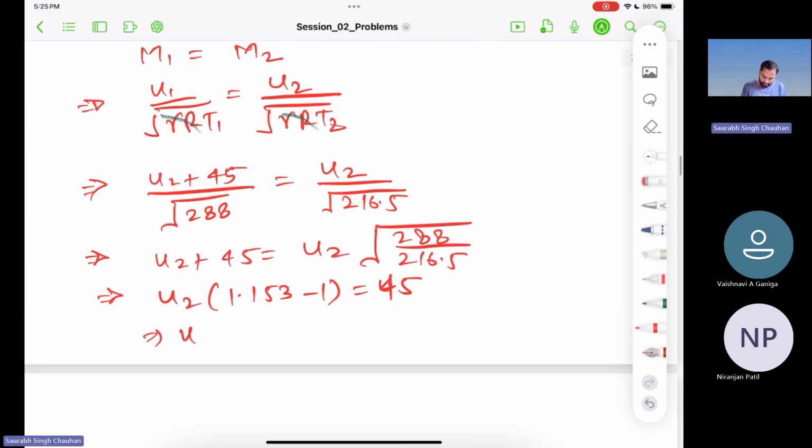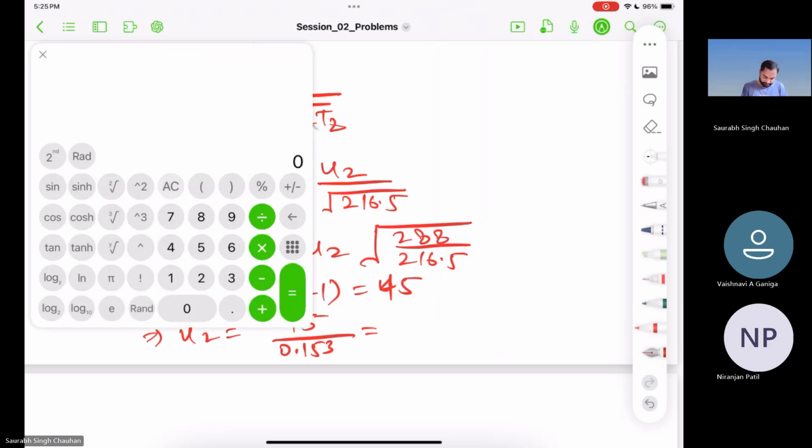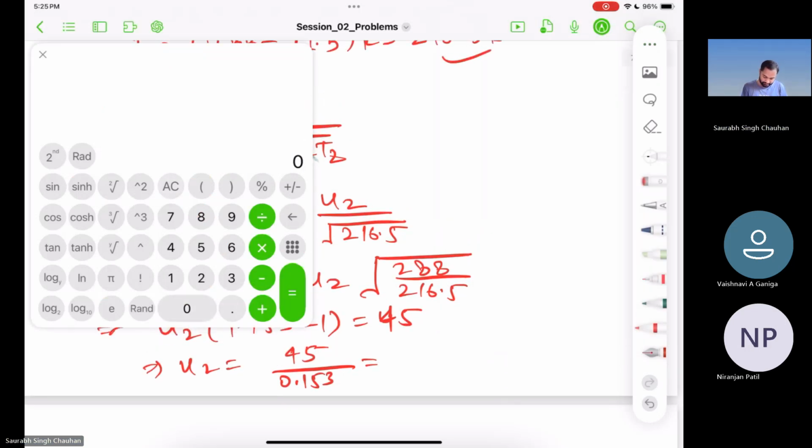Your U2 will be equal to 45 divided by 0.153, which is approximately 294.12 meter per second.